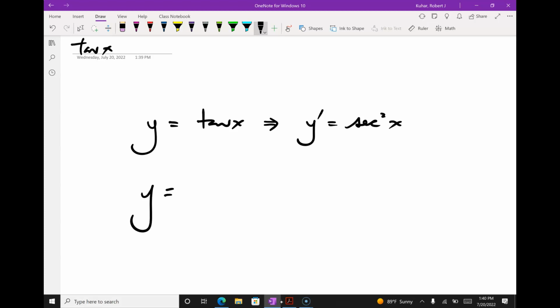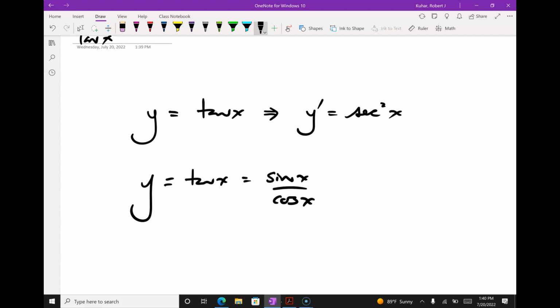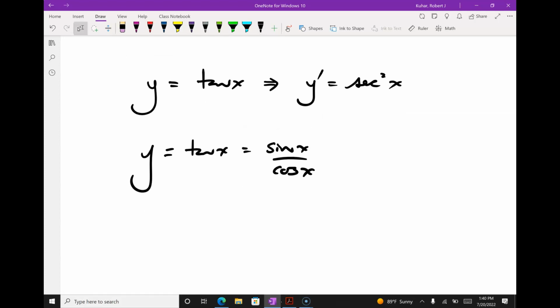So y is tangent of x is the same as sine of x over cos of x. You should be writing. So we're going to use a quotient rule. Ready?